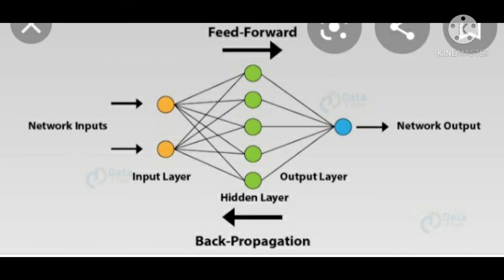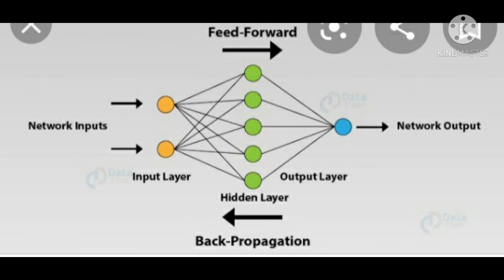Whenever we touch fire, what will happen to us? Yes, we will learn that the fire is hot, and we will understand that it has to be avoided. It is from the feedback that we get while touching the fire that we learn something. Like this, artificial neural networks learn in the same way.